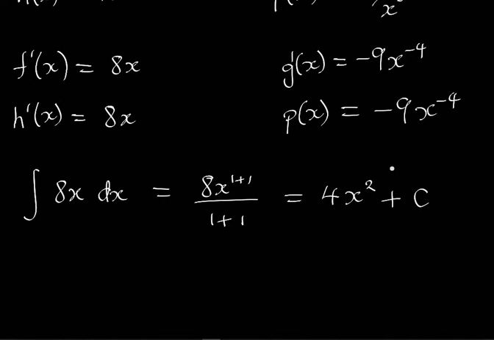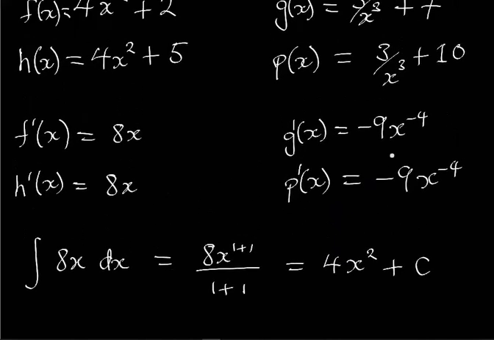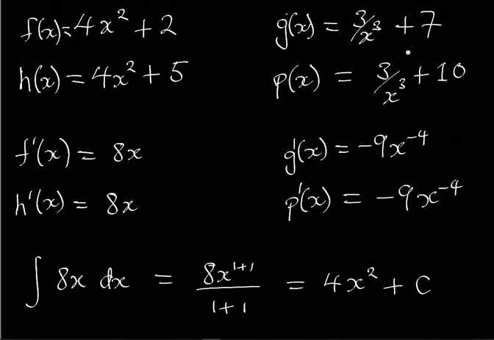There are many more explanations that we can give, graphical ones, and you can understand this even better, but usually for syllabus D, that's just enough. So whenever we don't have numbers there, we're going to add this plus c for the reasons I've just shown. Notice if you integrate these two functions, g prime of x and p prime of x, you're going to get back to that, and you're not going to be able to get back this 10 and that 7.